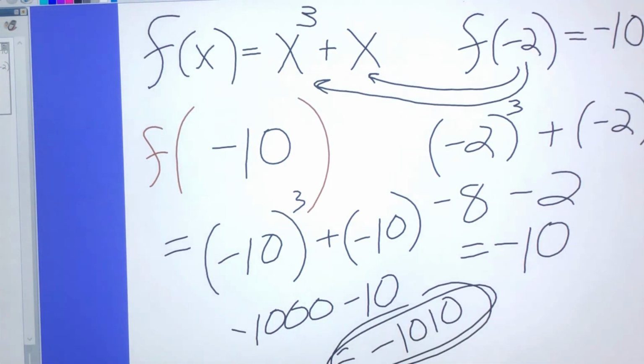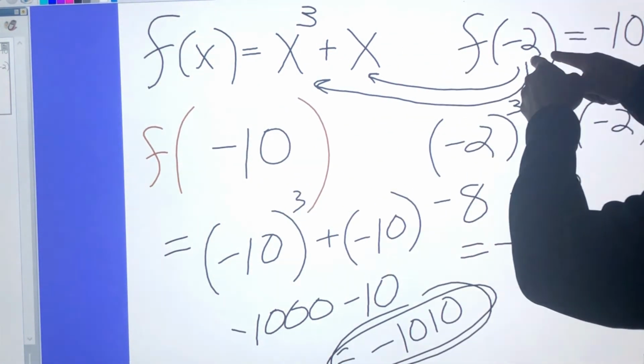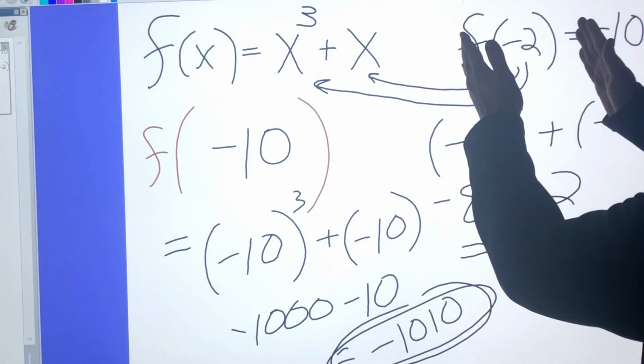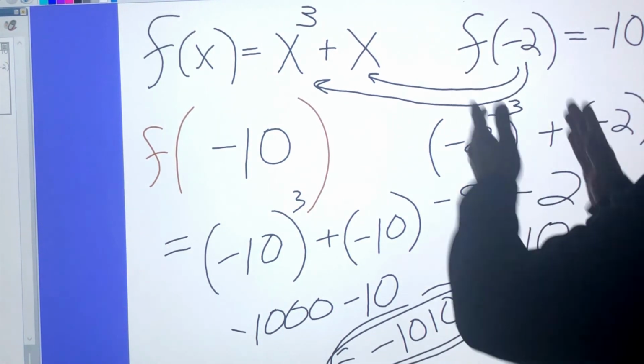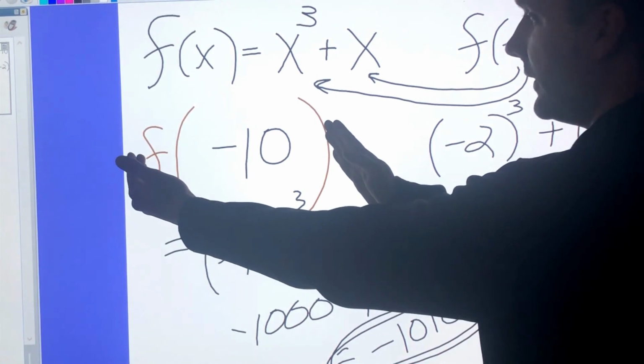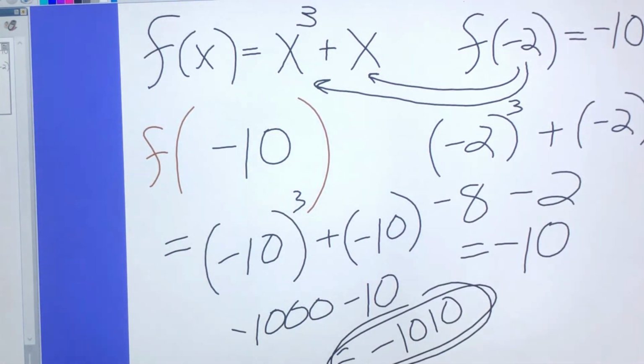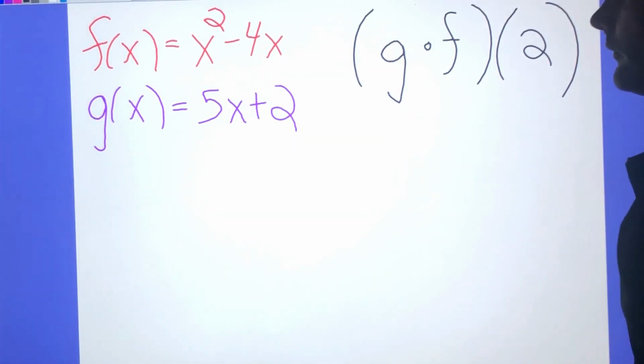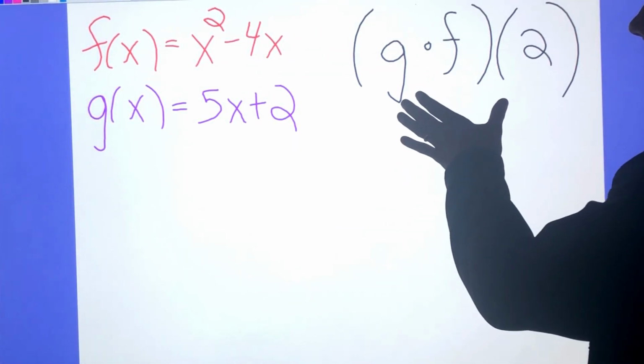That was my function composition of f of f of -2. I had to figure out f of -2. Found it. Then I replace that with that value, -10. Now I have to find f of -10. Here it is, -1010.